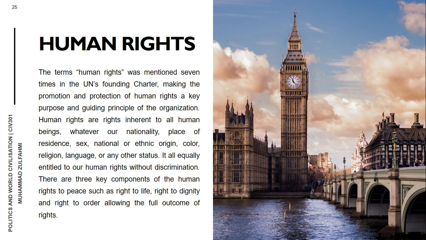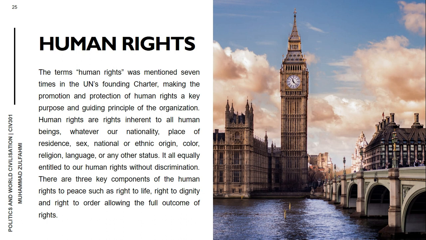Human rights are rights inherent to all human beings, whatever our nationality, place of residence, sex, national or ethnic origin, color, religion, language, or any other status. We are all equally entitled to our human rights without discrimination.